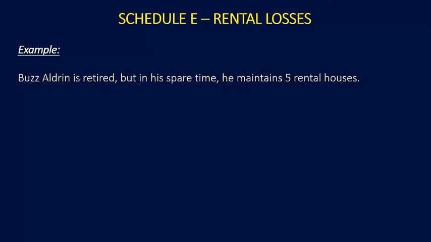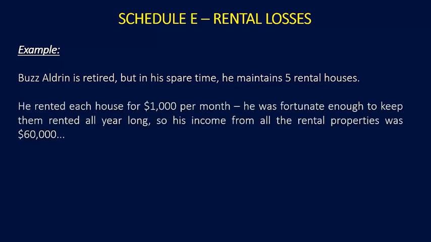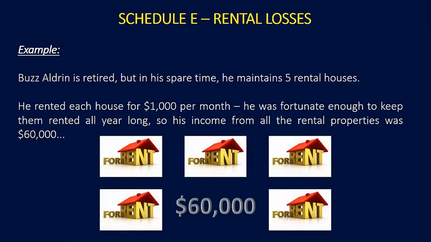For example, Buzz Aldrin is retired, but in his spare time, he maintains 5 rental homes. He rented each house for $1,000 per month. He was fortunate enough to keep them all rented all year long, so his total income from all of the rental properties was $60,000.